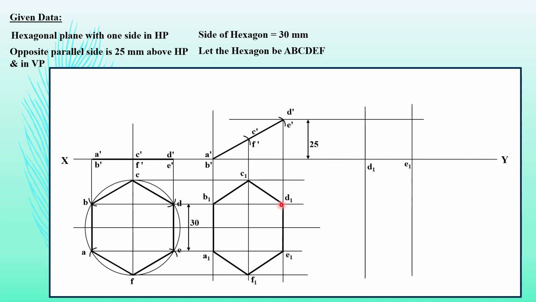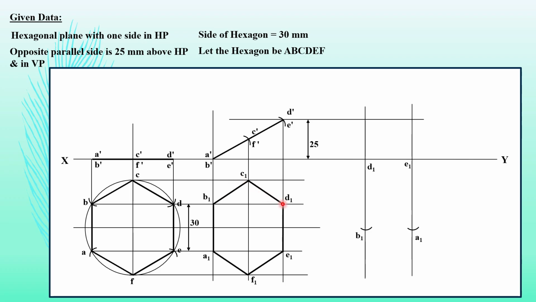So from D1 to B1 and E1 to A1, these two distances are same. We can take any of this distance in compass, keeping on D1 here, cutting an arc on this vertical line, this point becomes B1. Similarly, keeping compass on E1, cutting an arc and labeling it as A1. Also, D1 to C1 and B1 to C1 are equal.